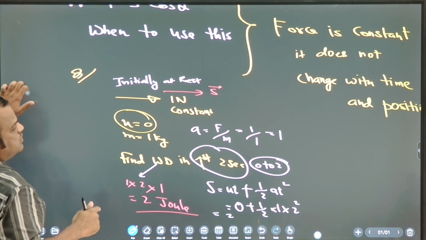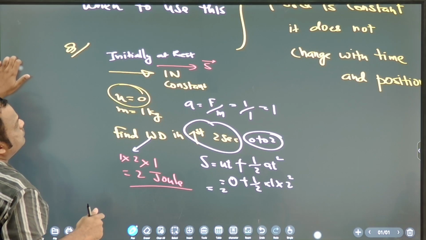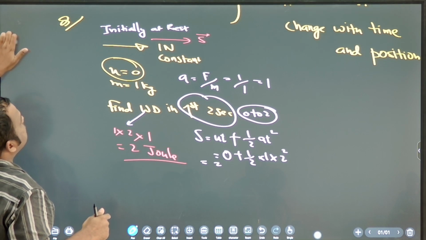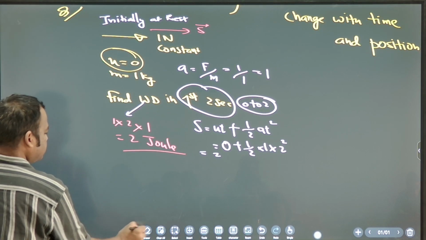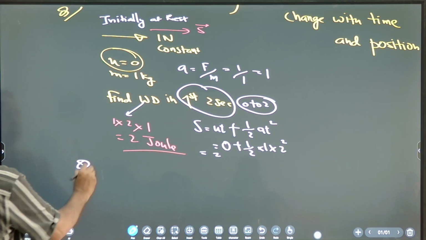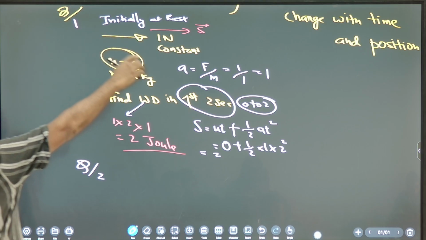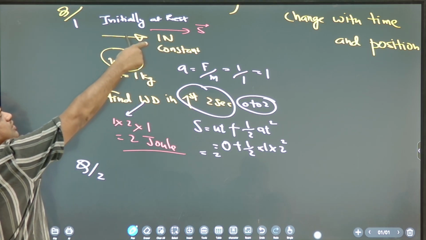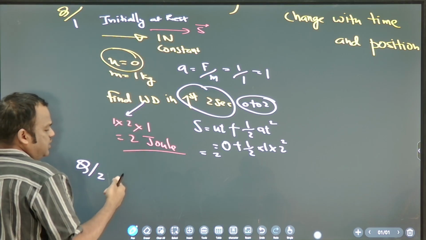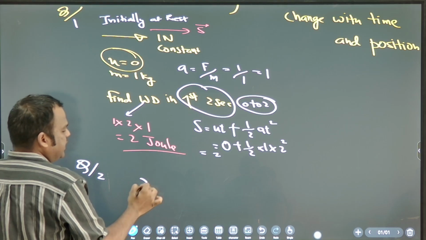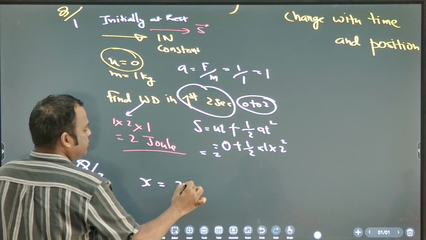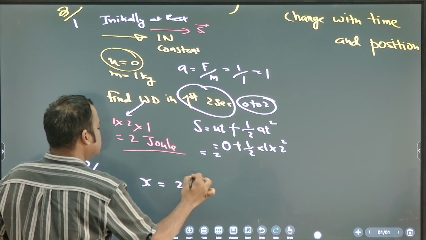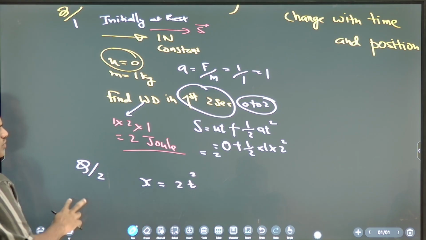Okay, let's give another question now. Now I am not giving force. In this question, what was given? Force. But now I am giving x. X is equal to 2t square.